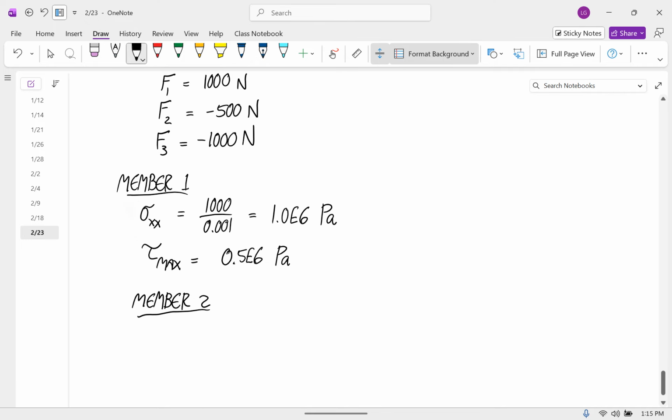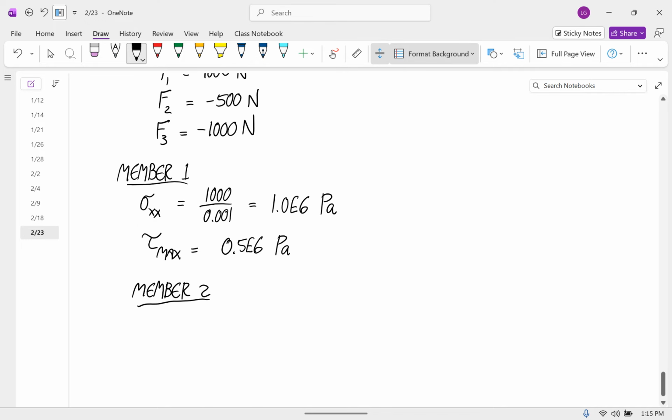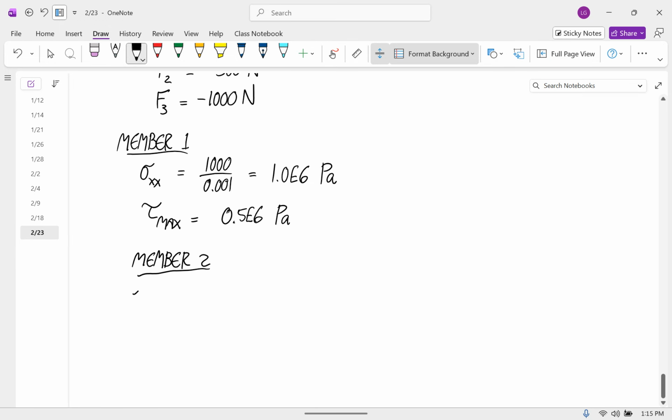For member 2, the tension in that member is negative 500, compression of 500. So sigma xx is negative 500 over 0.001. So 0.5 times 10 to the 6 pascals.